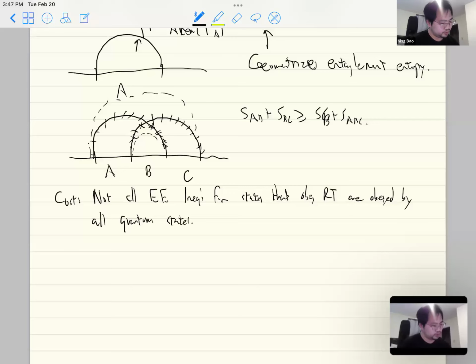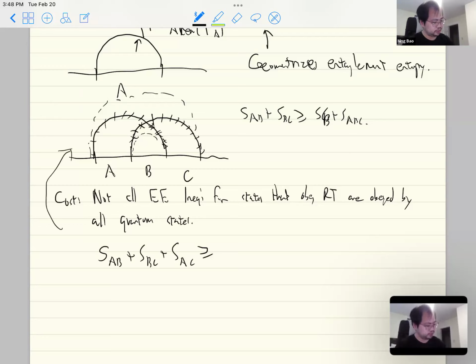In other words, there exist entanglement entropy inequalities for holographic states, which are dual to semi-classical bulk spacetimes, that are not obeyed by all quantum states. And indeed, the first novel one that's true for all holographic states, which you can prove in a very analogous style to how this was proven, is the MMI inequality.